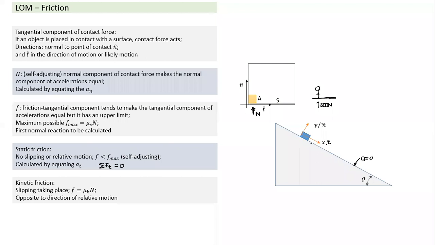If it has 0 acceleration, it means the normal component of acceleration of the surface and the tangential component are both 0. So in that case, what has to happen when we place the block here? What does the normal component do? I have shown two forces here. The downward force is mg, and this force is the normal reaction. Normal reaction is perpendicular to the surface, and only these two forces are acting. What will be the sum of these two forces?